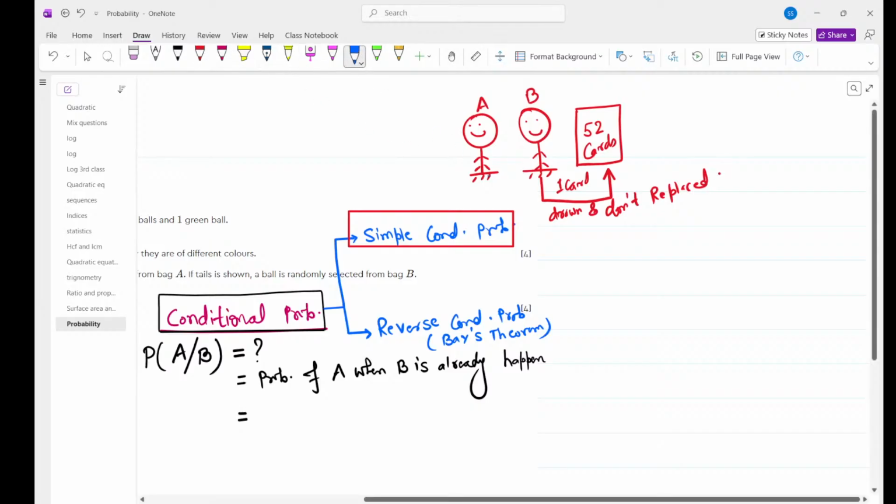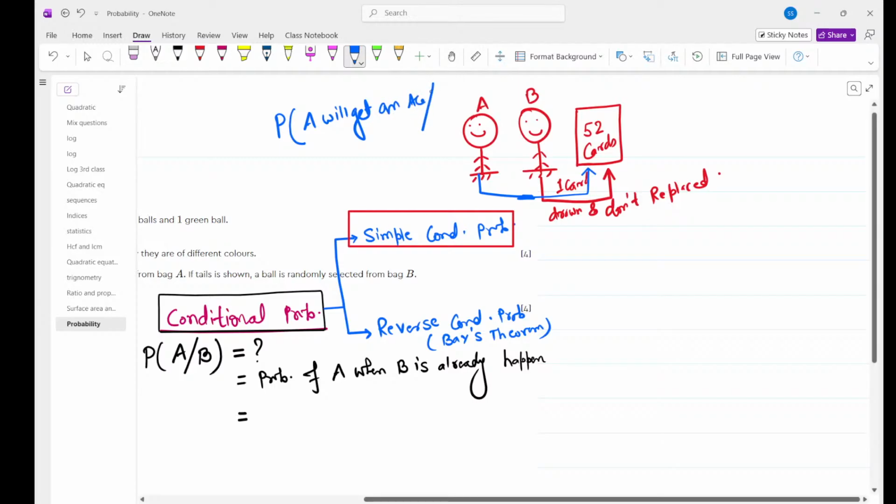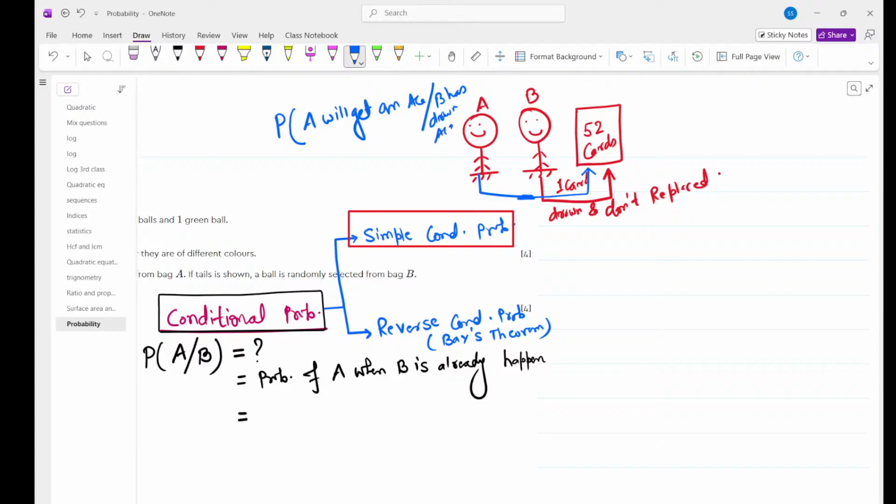After this, A is going to draw a card. Now I'm asking, what is the probability that A will get an ace when it is given that B has drawn an ace?